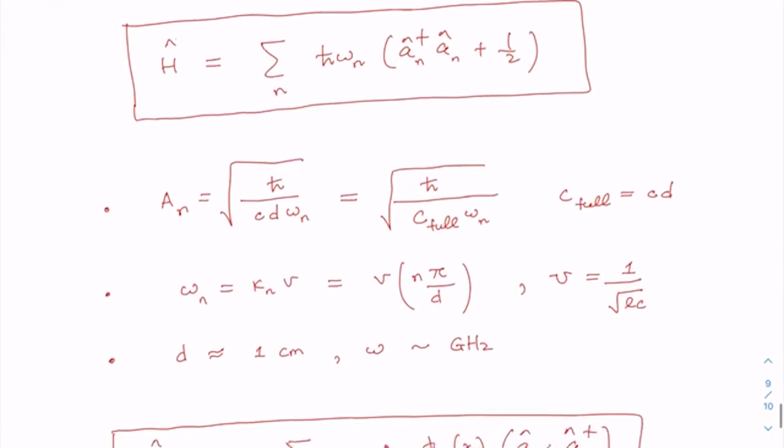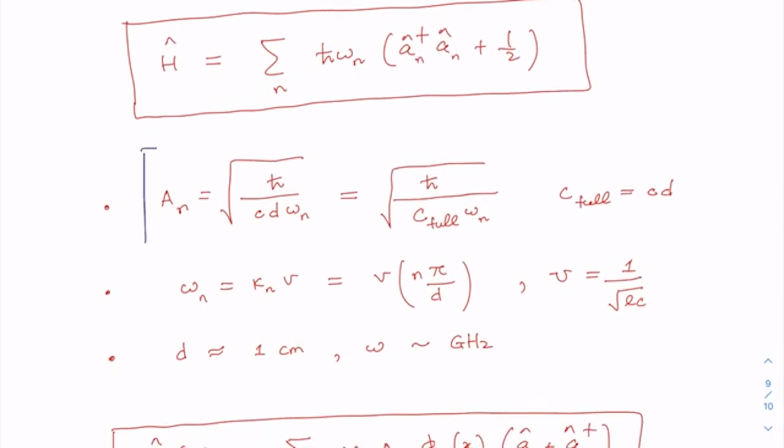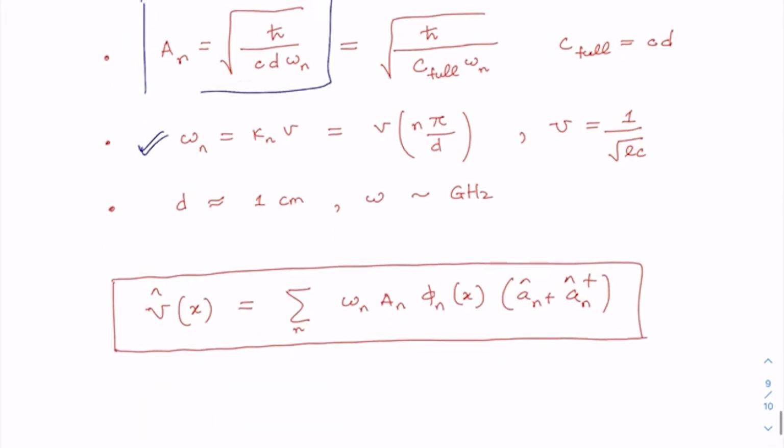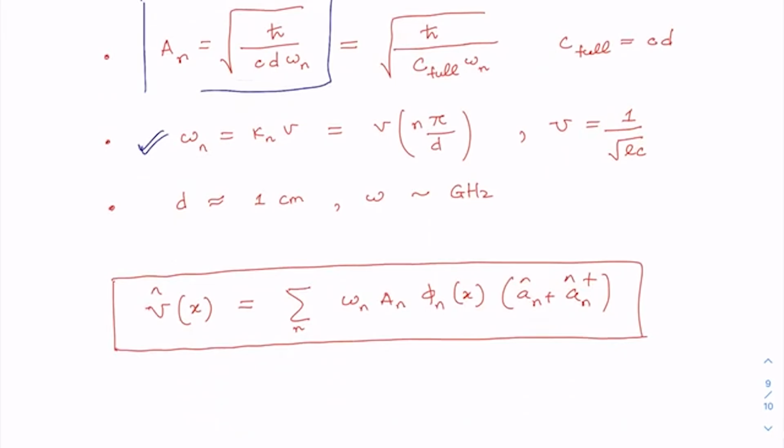While doing this, we have taken our constant a_n to be like this, and the dispersion relation is this. And from this we also discussed how we can get the voltage in the transmission line resonator, which is a very, very important quantity.